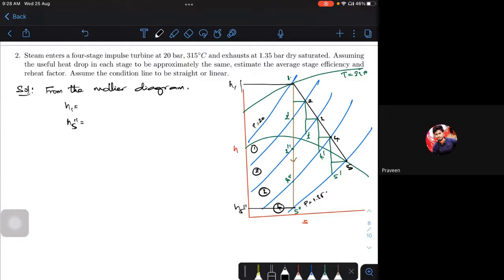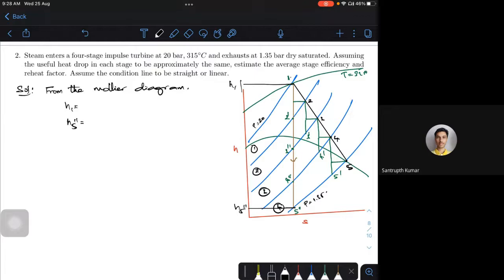Getting it, sir. Sir, H5 double dash, is it 3075? H5 double dash. What about H1? Others?